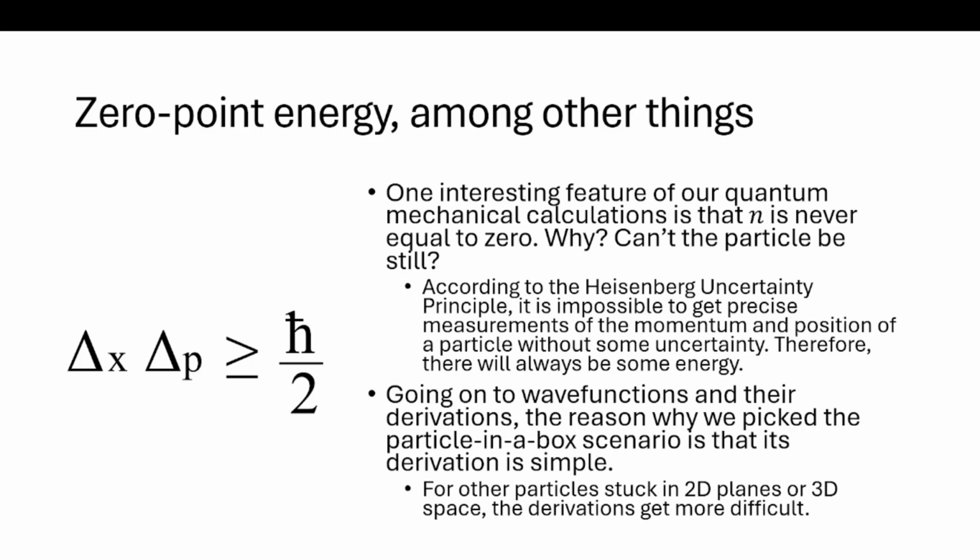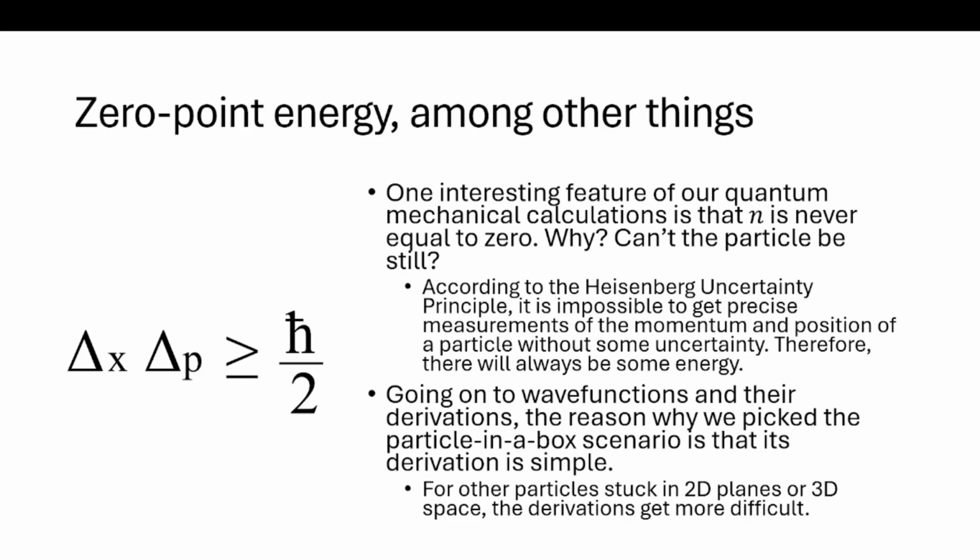And therefore, even if these particles, quote unquote, stop moving, they actually never stop moving. And movement means energy, so there will always be some energy. And this is precisely known as 0-point energy.